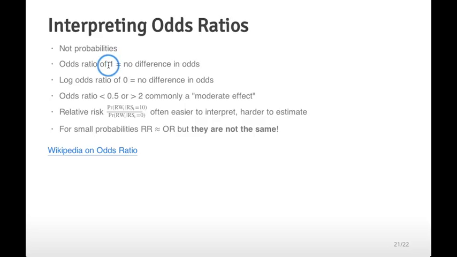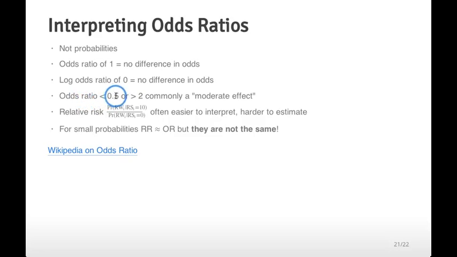So an odds ratio of 1 means there's no effect. If we take the log of the odds ratio, the log of 1 is 0, so a log odds ratio of 0 is, again, no difference in the odds, which means that there's no effect. The coefficients that you get out from the GLM command in R are on the log odds ratio scale, so you're looking at whether that coefficient is bigger than 0 or less than 0.